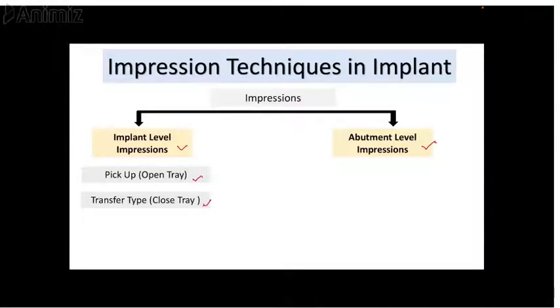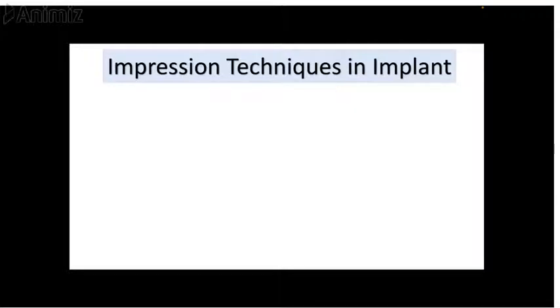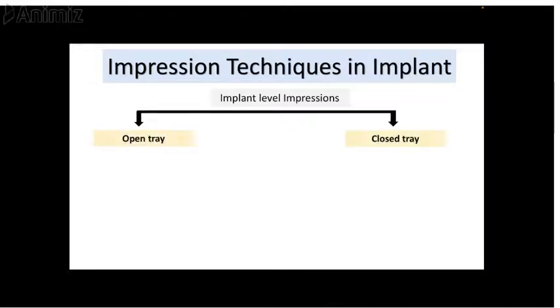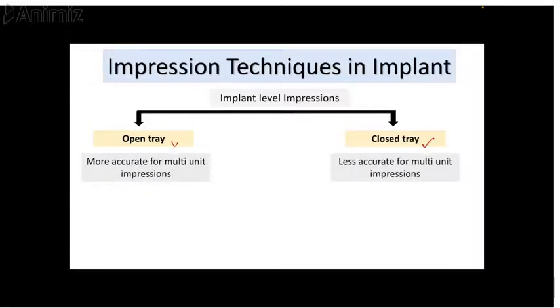Abutment level impressions are also of two types: direct technique and indirect technique. Open tray impression is more accurate for multi-unit impressions, and closed tray impressions are less accurate for multi-unit impressions.